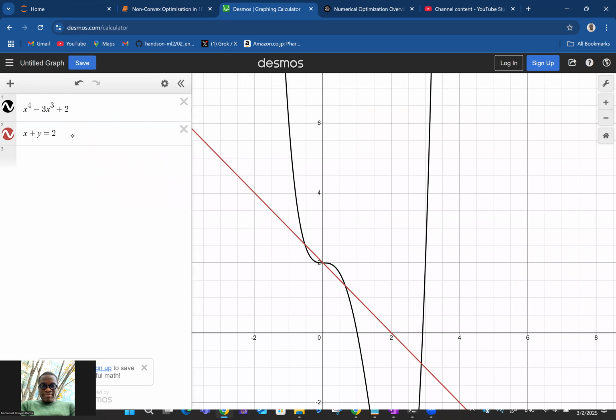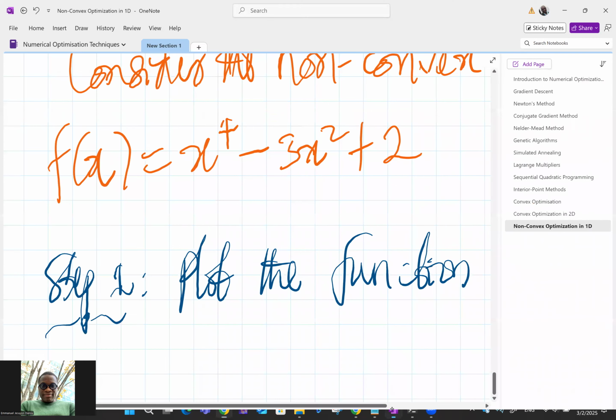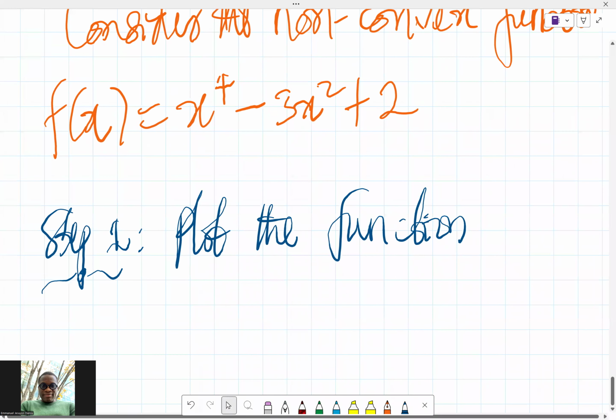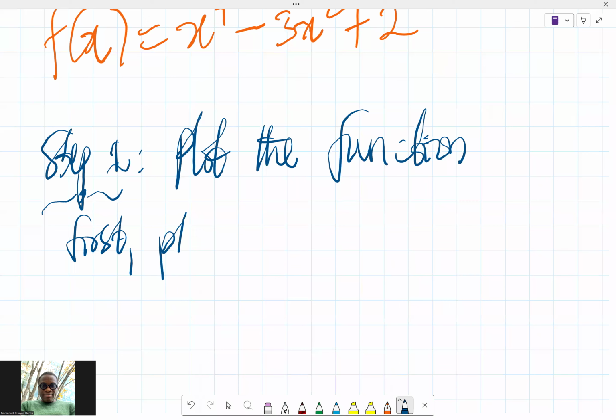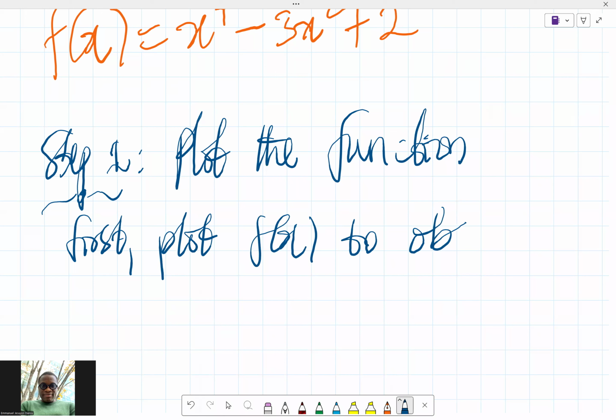So the first thing you want to do is to plot the function. And what does this plotting involve? First, plot f of x to observe its shape. We have seen the shape, so it is by no means convex.